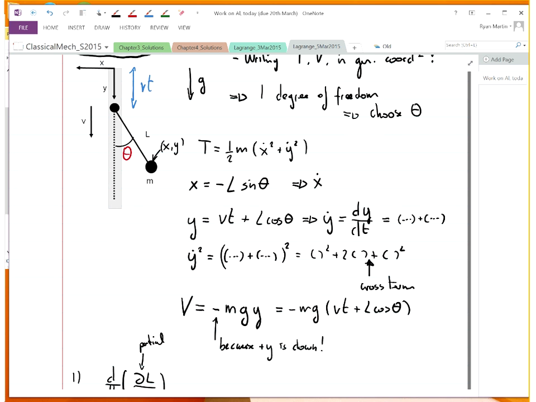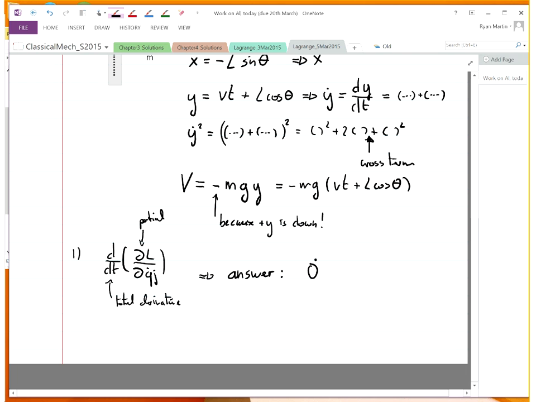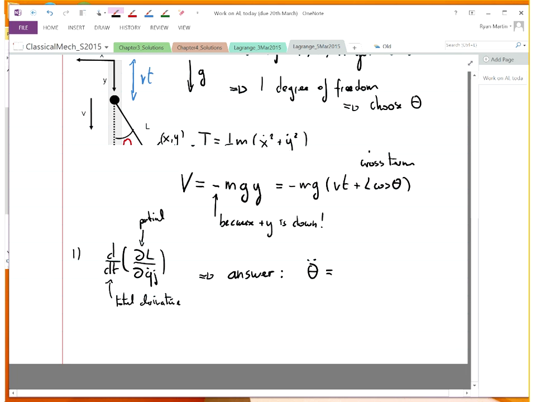Let's think about the answer. So this is a pendulum whose fulcrum is moving down at a constant speed v. And we want the equation of motion for that pendulum. So the equation of motion is going to be, theta double dot equals something.